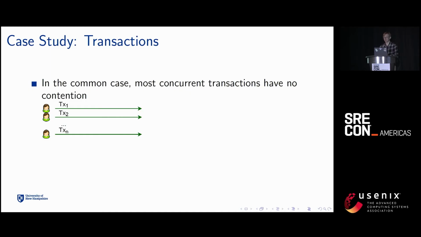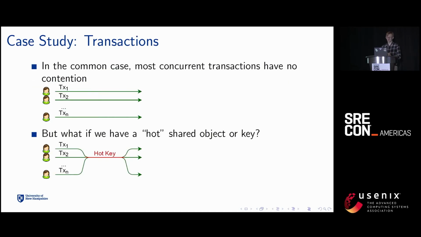In the common case, if we have a lot of transactions, they will run concurrently if they have nothing in common. So no contention, no common keys or objects that these transactions interact with, we can go very fast. All of these transactions can go in parallel. We can scale the system really well.